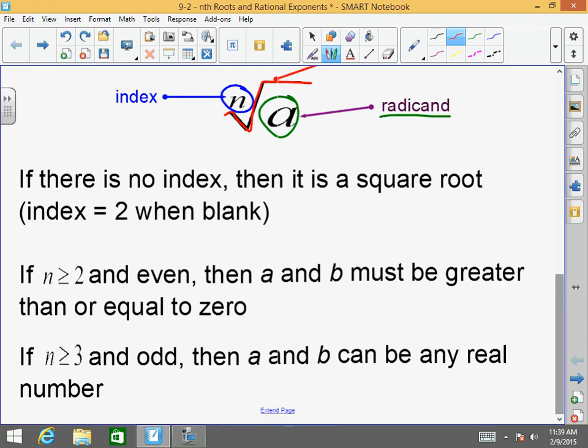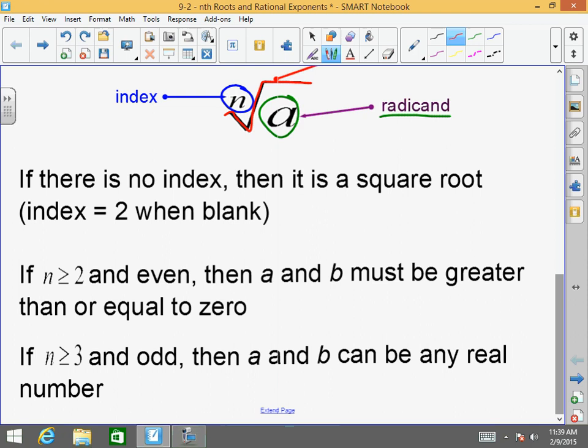It's invisible. If n is greater than or equal to 2 and even, then a and b must be greater than or equal to 0. You cannot have radicands that are negative inside of even roots.